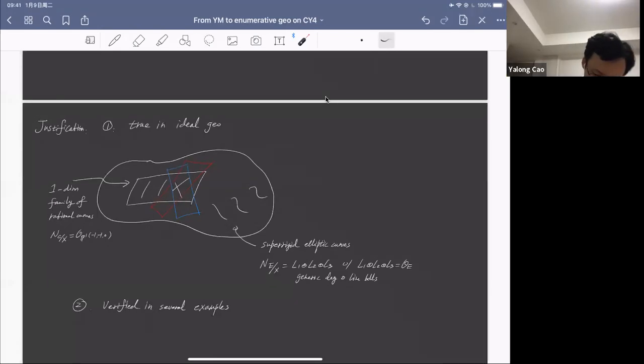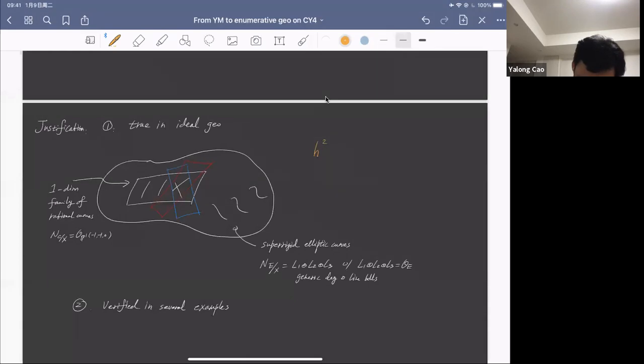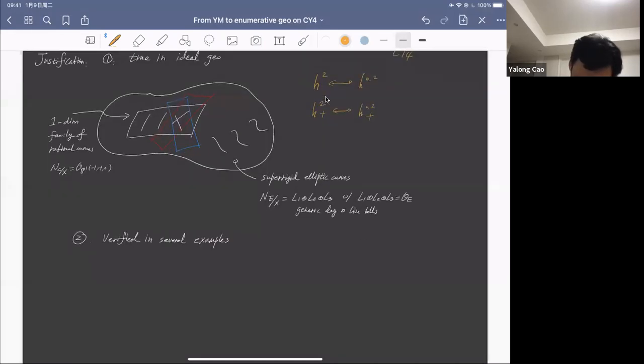As I explained in this talk, H2 should be replaced by H02, and H2 plus should be replaced by H02 plus. So in this case, if you consider Calabi-Yau fourfolds, there is a known fact.